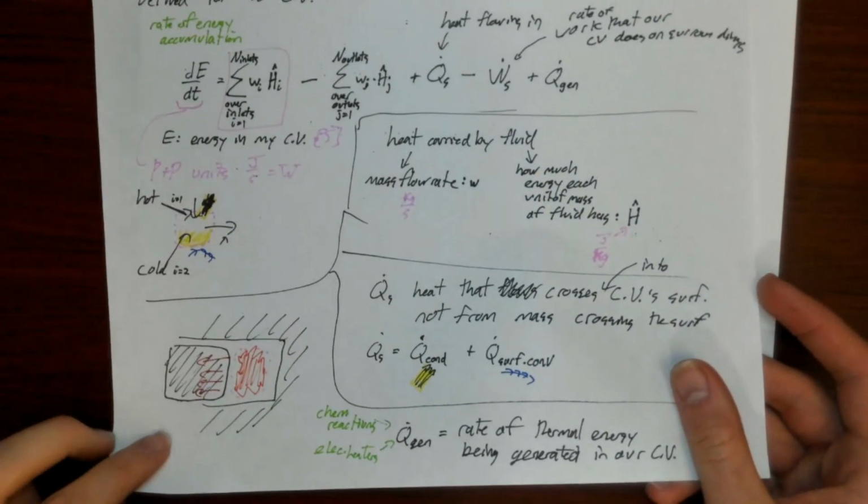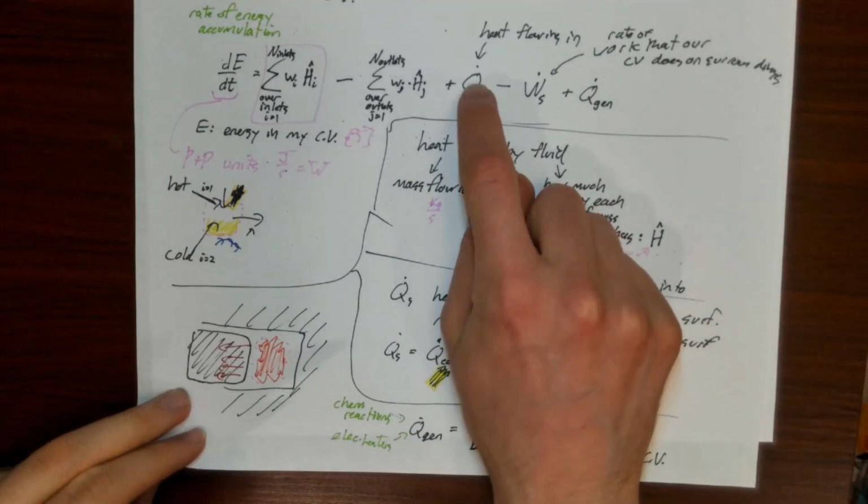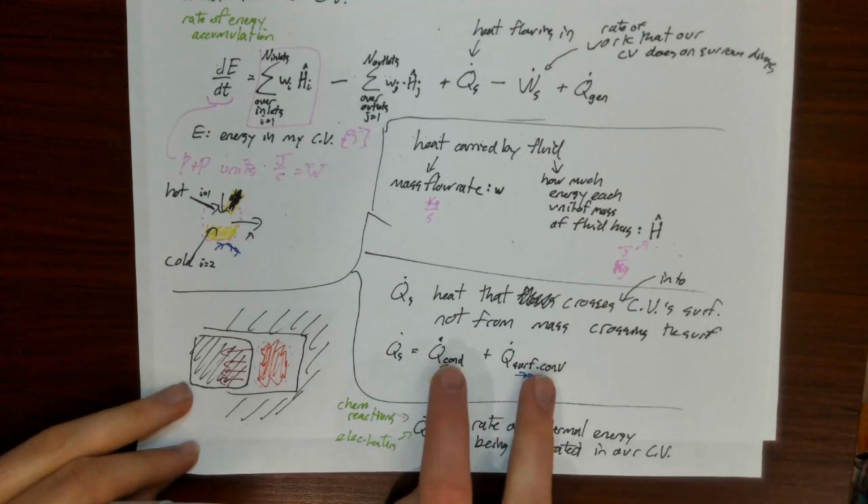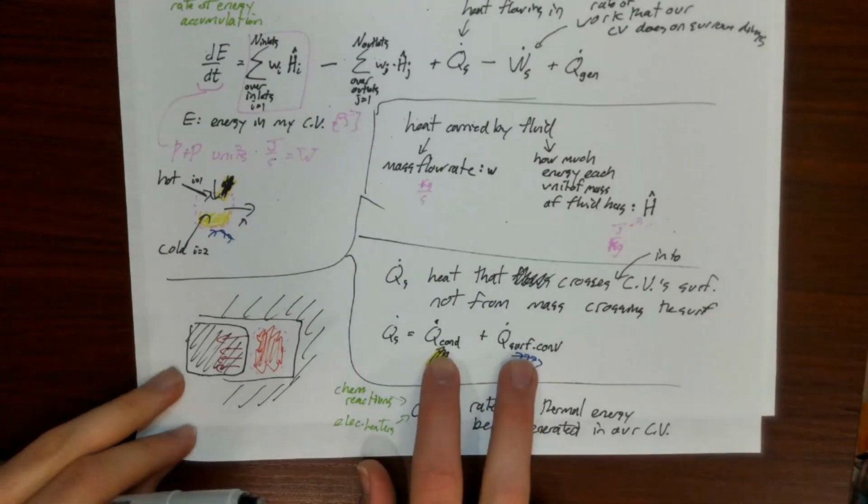So let's look a little bit more closely at some of the other terms in this expression. I have this Q dot S, which is heat flowing in from various surfaces, and I broke it apart into conduction and convection.